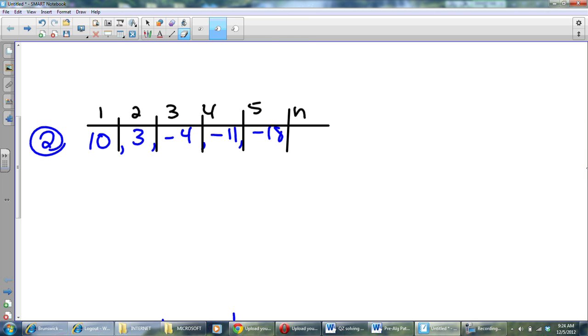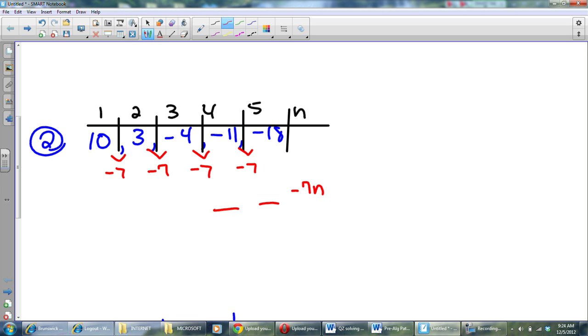I'll find my first differences. It looks like I'm subtracting 7. 3 minus 7, yeah, that's negative 4. Looks like I'm subtracting 7 every time. So my answer has to be something like minus 7n.